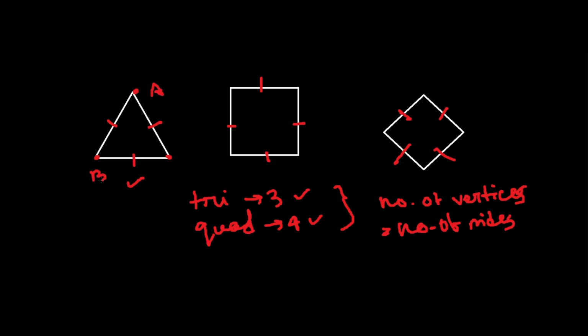Let's name those A, B and C. And there are 4 sides and 4 vertices in a quadrilateral. 1, 2, 3, 4. Let's name these P, Q, R and S. And this is also a quadrilateral and it must have 4 vertices as well as 4 sides.